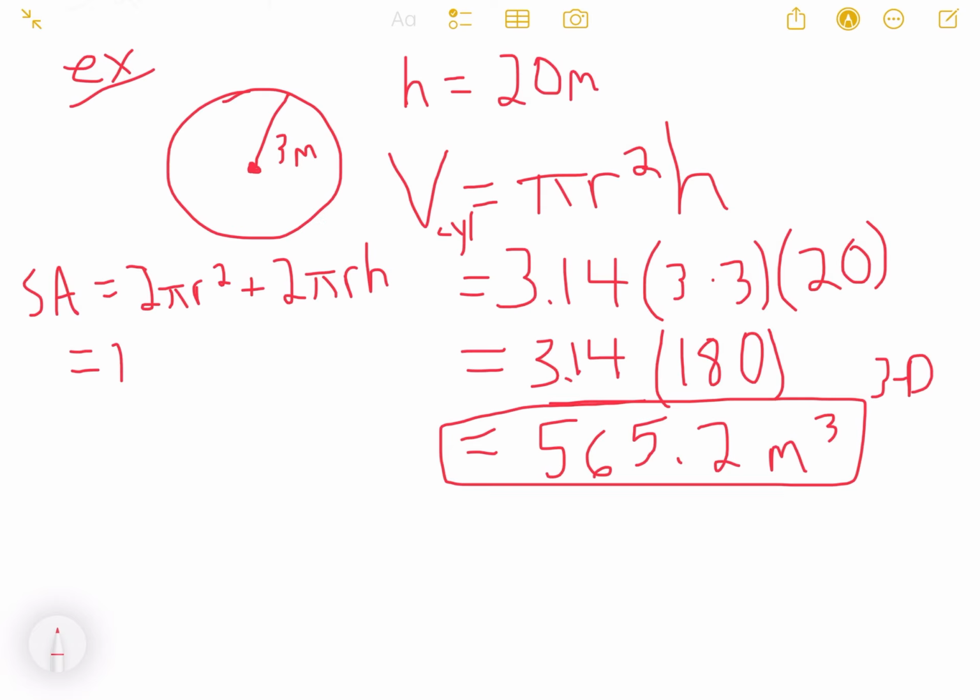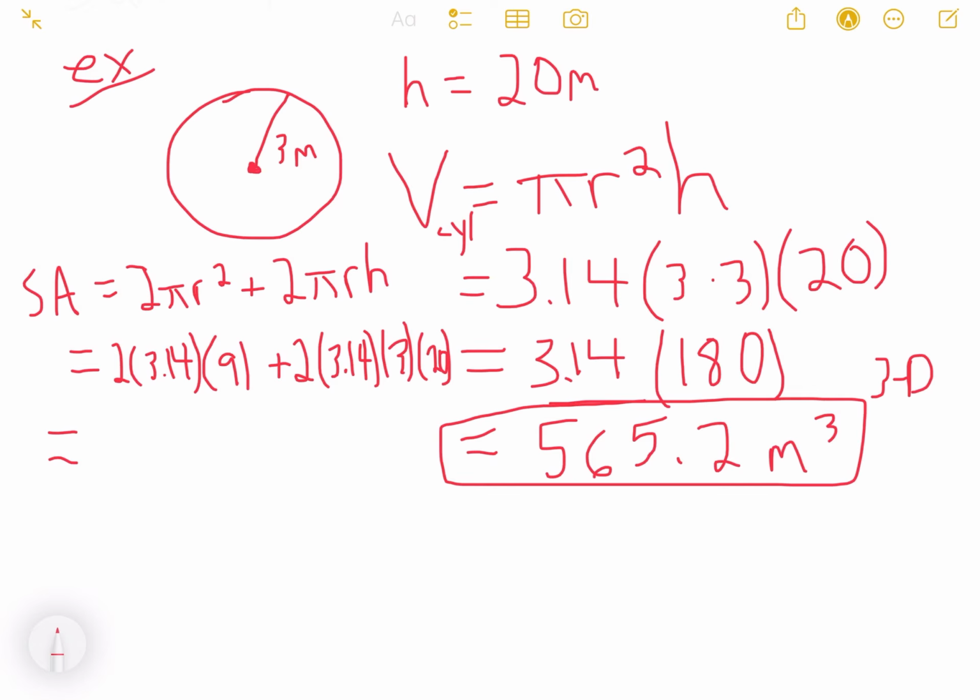I have 2 times 3.14. And what is my radius? Well, my radius I already know is 3, so I'm just going to go ahead and write 9 here. And then I have 2 times pi again, 3.14 times 3. So I just kind of squished here. And then I have times 20. I should have given myself a tiny bit more room.